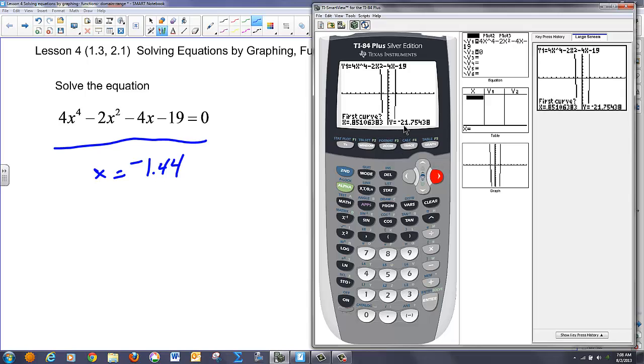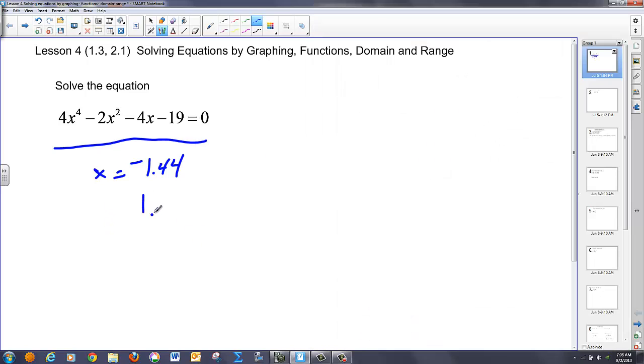You'll notice it's continuing to creep up and down. And there it is. So I'm going to hit enter 3 times again. And you'll notice that's at 1.67 roughly. And those are the solutions to that curve.